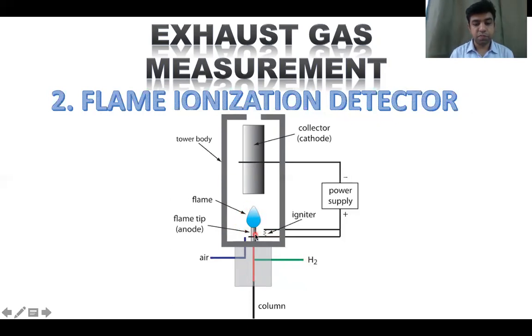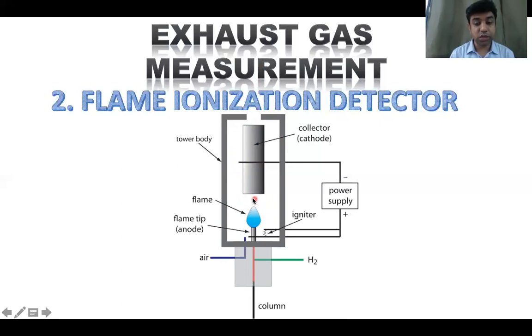Now, the flame part is connected to the positive portion, which we call the anode, and the upper part of the flame has one cathode connection, that is negatively charged electrons. Now, what will happen when we keep exhaust gas inside this container? The hydrocarbon present in the exhaust gas will have one effect due to the air-hydrogen flame. Due to that flame, a number of ions will be produced.